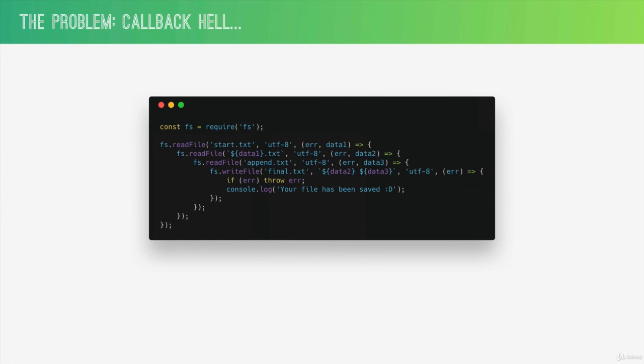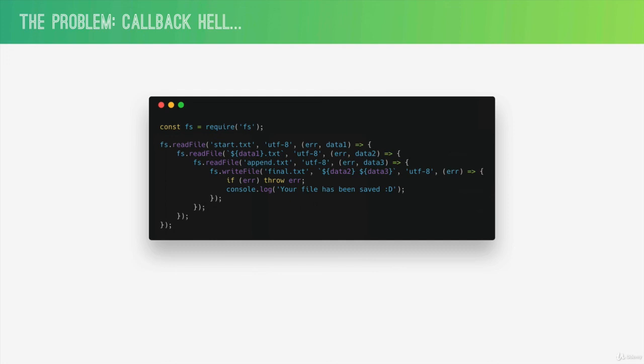Just take this example where the second file read depends on the first one, then the third file read depends on the second one, and finally we want to use the final data to write a file as a result. That looks quite confusing, right? I mean, it's gonna work just fine, but it's just hard to reason about. And that is just with 4 levels deep.